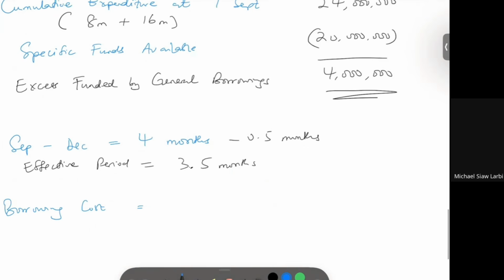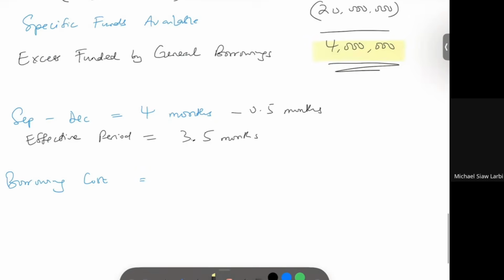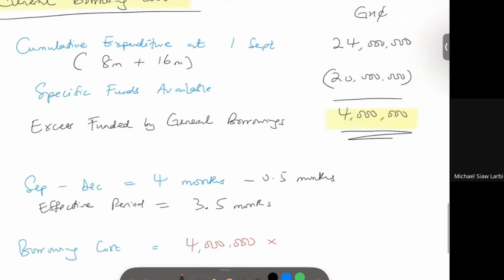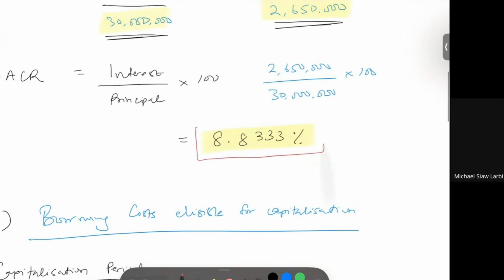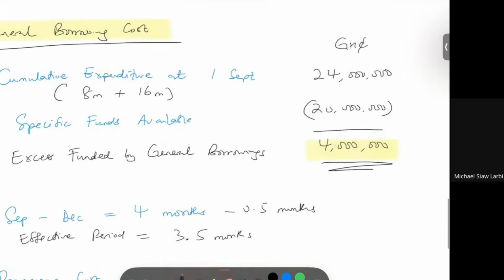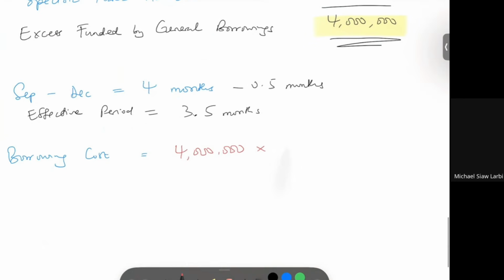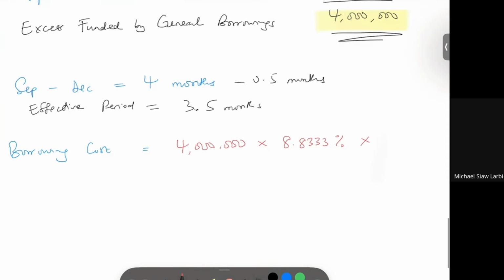So our borrowing cost will be, well, we want to draw down 4 million from the general pool. What interest rate will we use? This is where we go and pick the weighted average capitalization rate. This guy here, if you recall, 8.8333%, multiplied by 3.5 months out of 12.